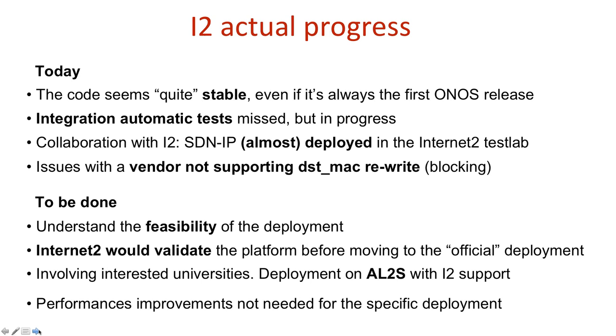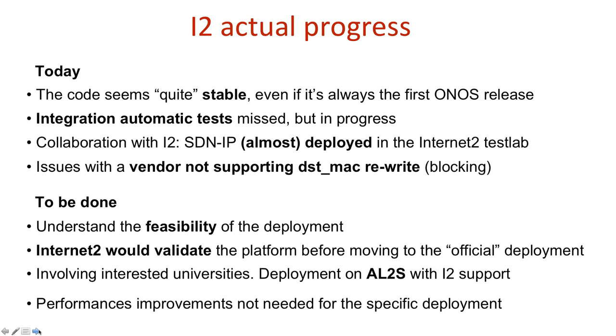So the issue here, which is blocking now, is that a vendor switch is not supporting the rewrite of the destination MAC address, which, as you may understand, for a routing application is a quite basic feature, right? So we are trying to do some tricks to avoid it. Of course, we also ask the specific vendor to support us in the future and to introduce this feature.